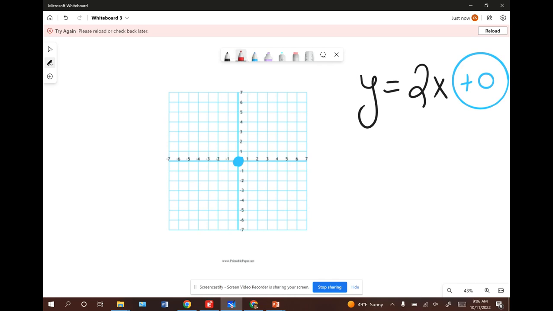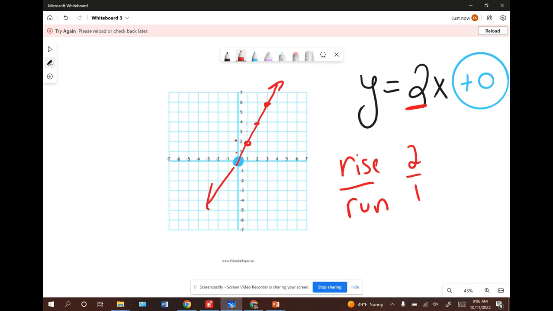Then I'm going to look at my slope, which is with the variable, which is 2. For rise over run, whole numbers always go over 1. So from here, I'm going to rise 2, run 1. Rise 2, run 1. Rise 2, run 1. And I can make my line. You'll see that the line should be going up when I read it left to right, because it's got a positive slope here. If that was a negative number, the line should be going down.